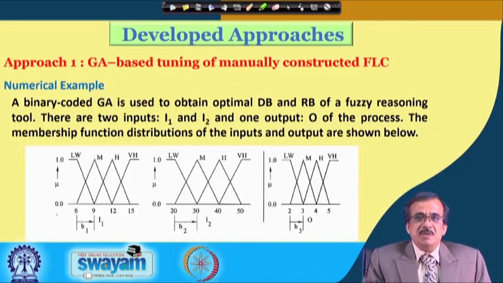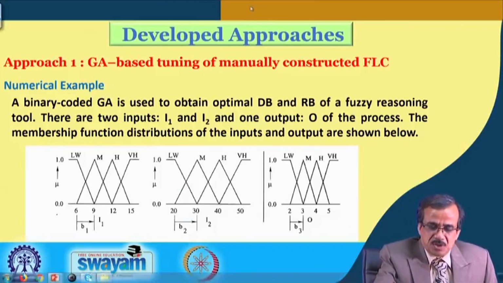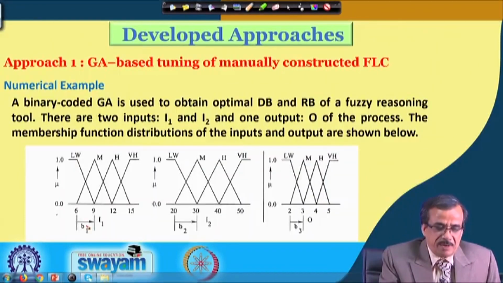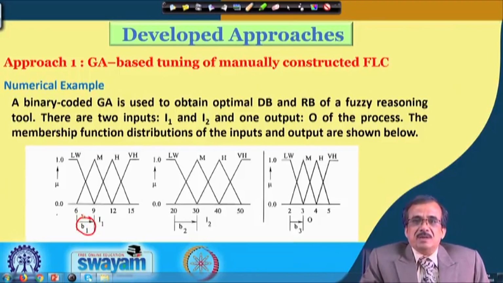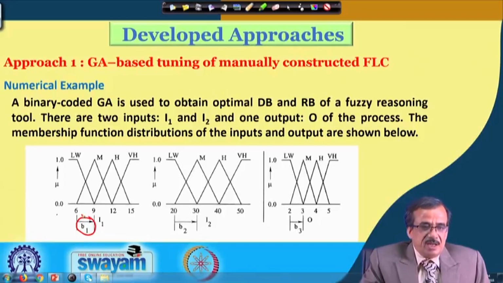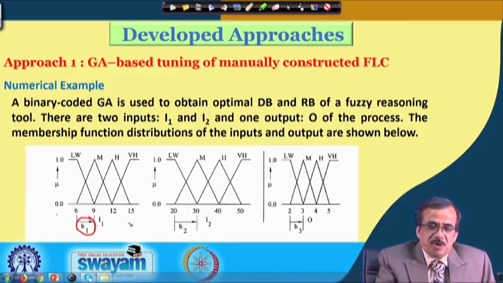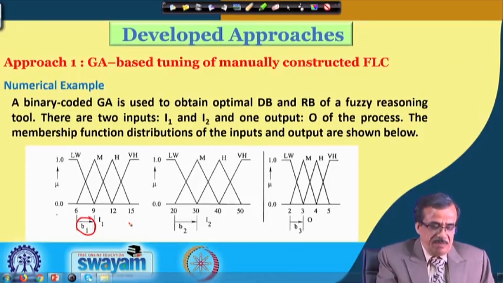Now, the design variables could be B 1. B 1 is going to represent whether this particular triangle will be a steeper one or a flatter one.